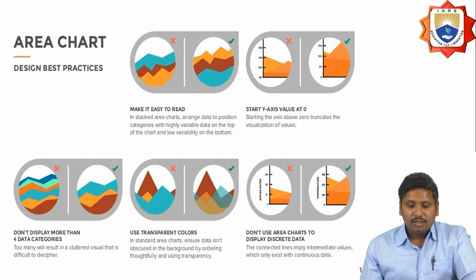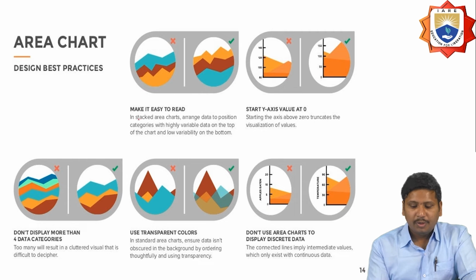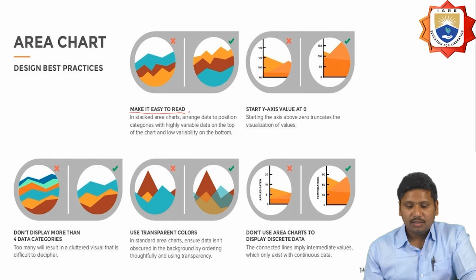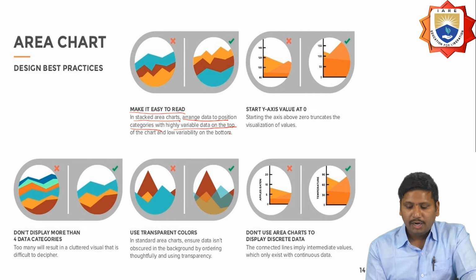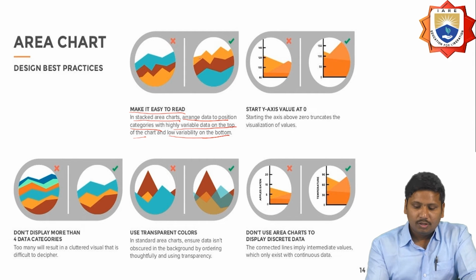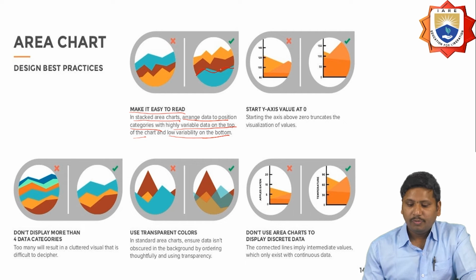For this, we have to make it easy to read. In a stacked area chart, arrange the data so that the category with the higher variable data is positioned on top of the chart and the lower variable on the bottom.